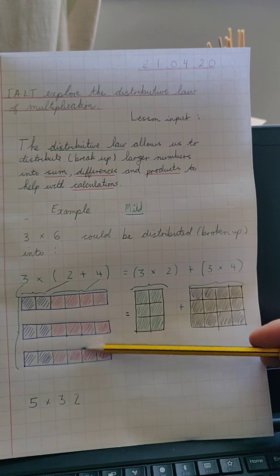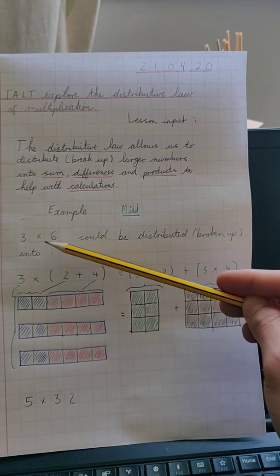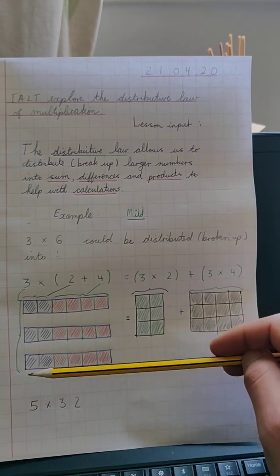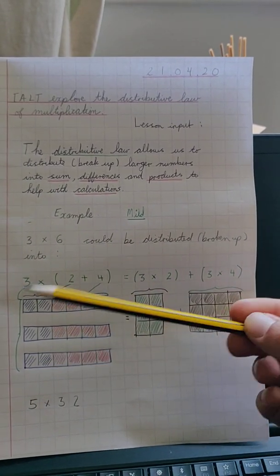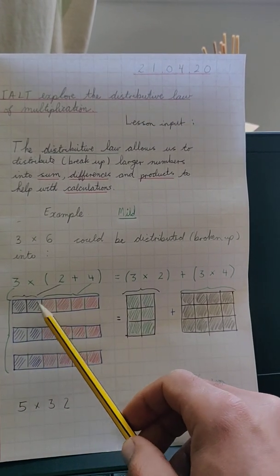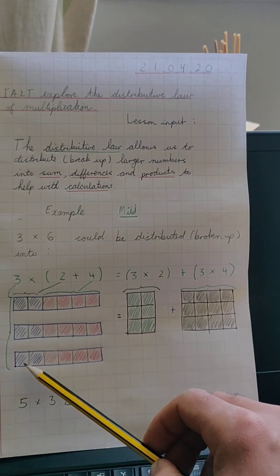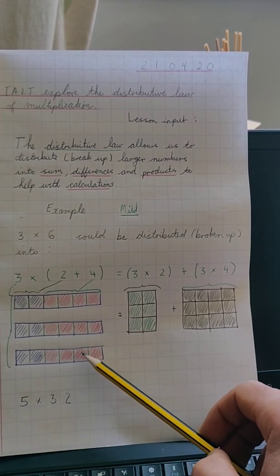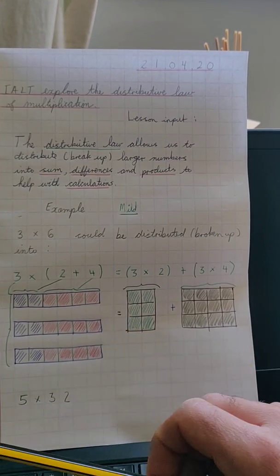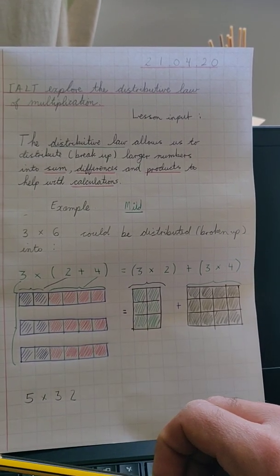And if I add all these together, I will get my product, which is my answer to the multiplication, of 18. Let me just double check that for you and prove it. 1, 2, 3, 4, 5, 6, 7, 8, 9, 10, 11, 12, 13, 14, 15, 16, 17, and 18. So we do have that confirmed.